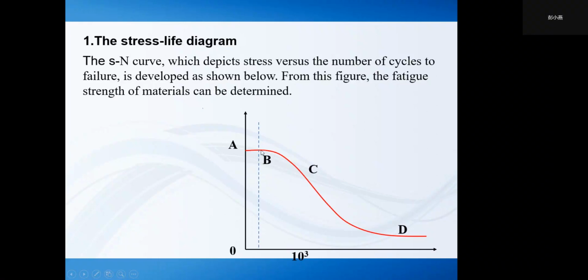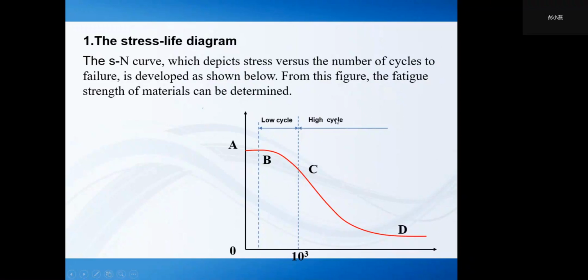And from point B to point C, where the number of cycles is less than 10 to the third power, this is the low cycle fatigue stage, and a low cycle fatigue behavior is observed. Beyond point C is the high cycle fatigue stage.